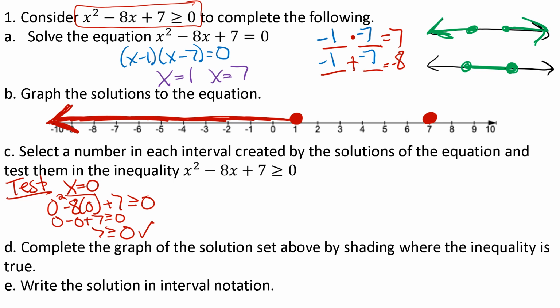look like. But just to show you, I'm going to test something that's bigger than 7. That way I can show you that it'll work, and that's the other part where we shade. We're not going to be shading in between. So I'm going to plug in 8.